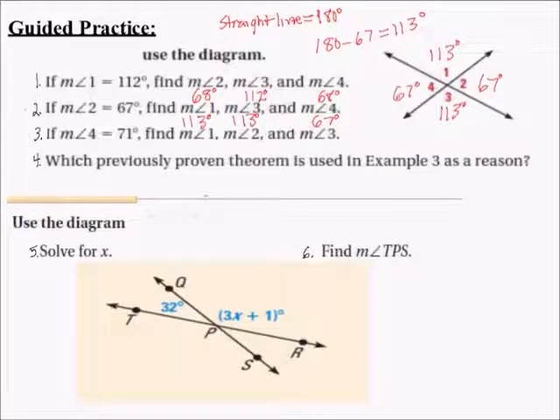Okay? And then number 3, same thing. If the measure of angle 4 is 71 degrees, we automatically know that angle 2 is 71 degrees. 180 minus 71. So this is equal to what, 99?